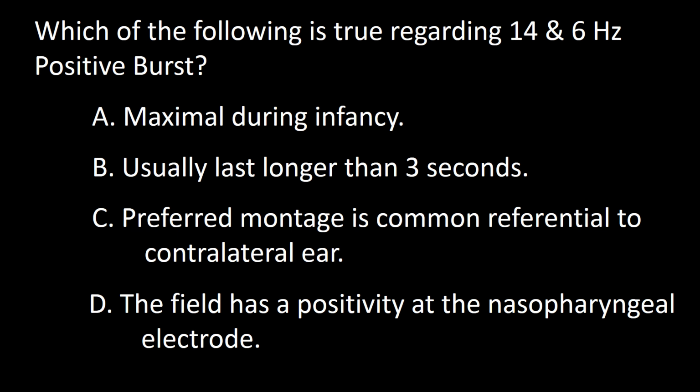D, the field has a positivity at the nasopharyngeal electrode. 14 and 6 Hz positive bursts have also been called 14 and 6 Hz positive spikes and ctenoids.